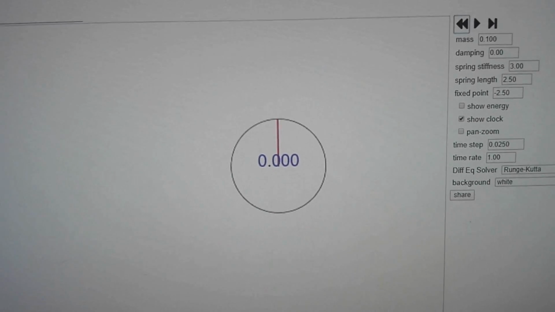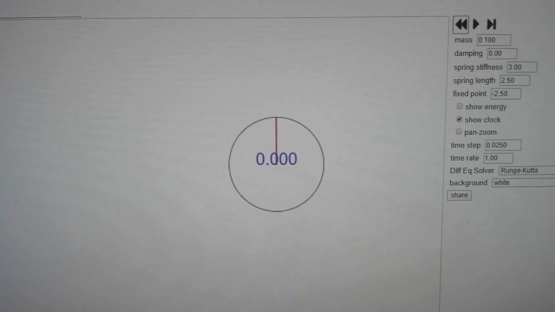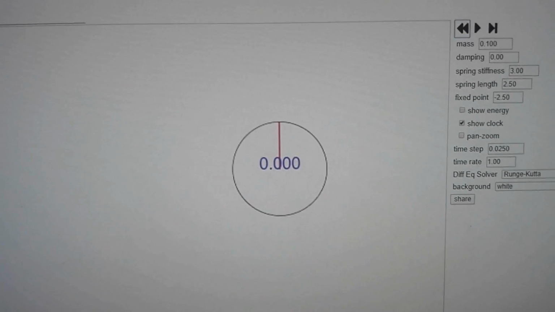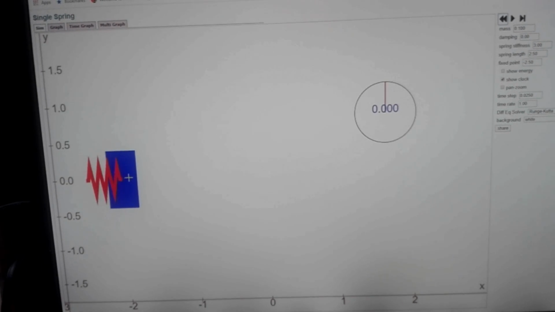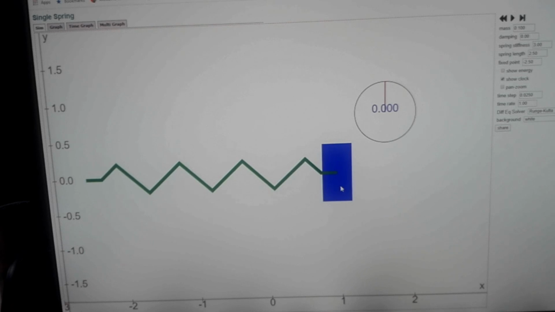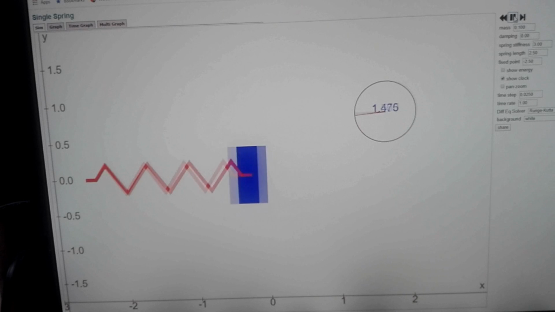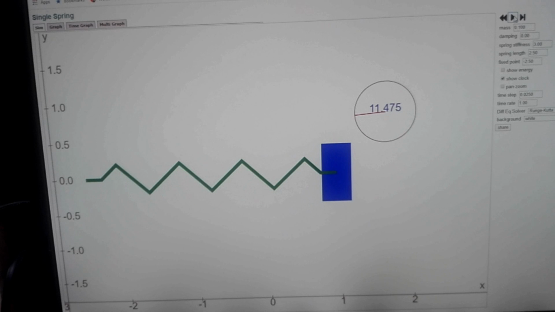We will keep the amplitude the same and we will change the mass of the object, and we will check the effect of mass on the period of oscillation. 1, 2, 3, 4, 5, 6, 7, 8, 9, 10. Okay, so it is around 11.475.